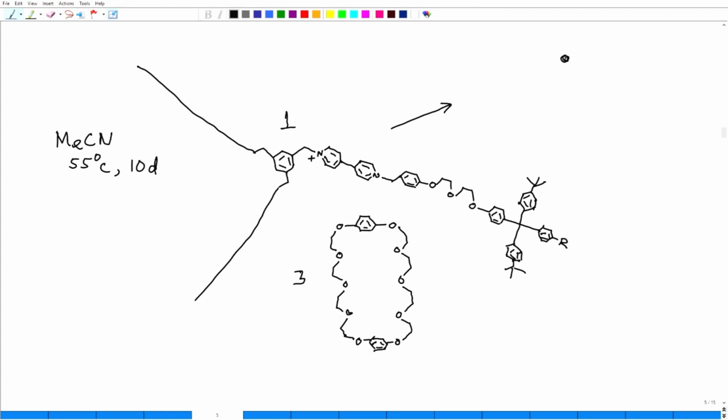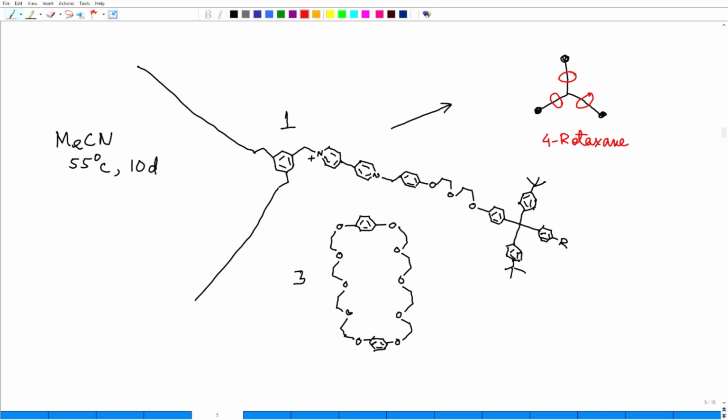This is one, and this is my... So, you can form like this, and that I will call a 4 rotaxane. 1, 2, 3, and then this unit 1, 4.